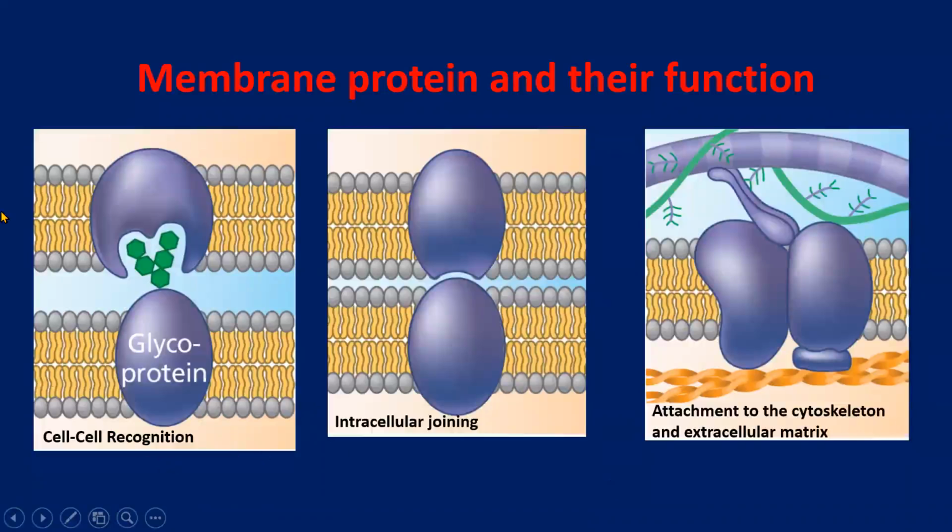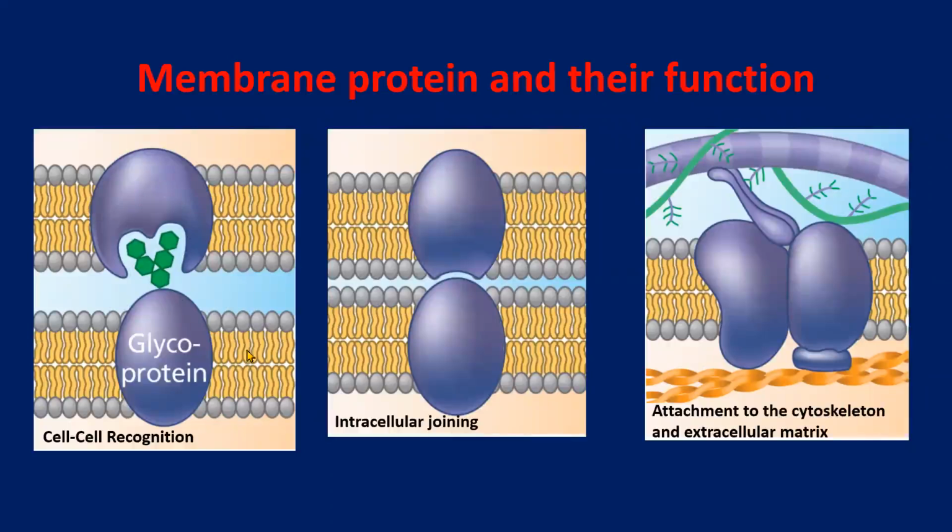And then we have the fourth class, called cell recognition. In this particular class of membrane protein, what we see over here are some glycoproteins which, after post-translational modification, can identify a few tags by recognizing the membrane proteins of the other cell.